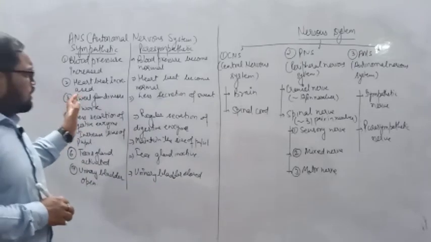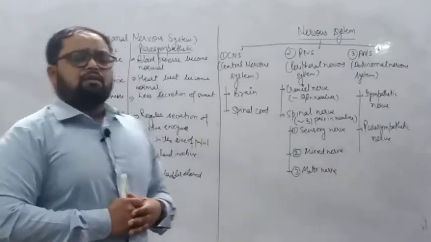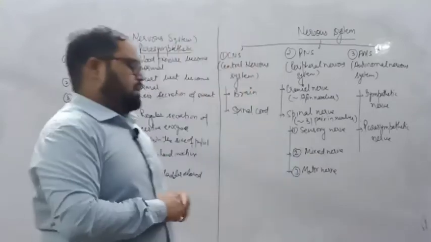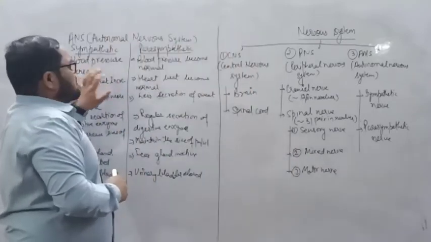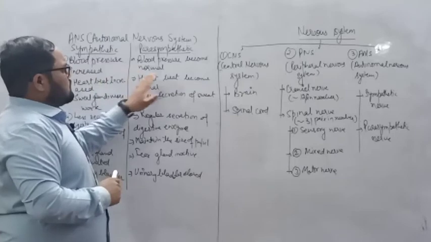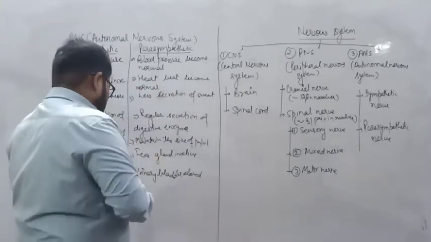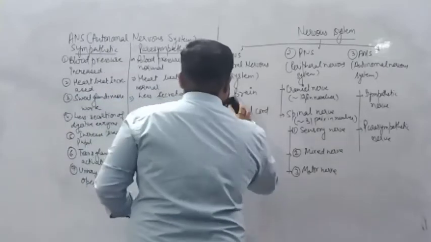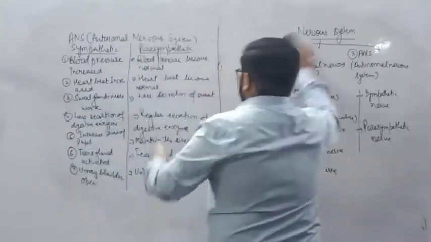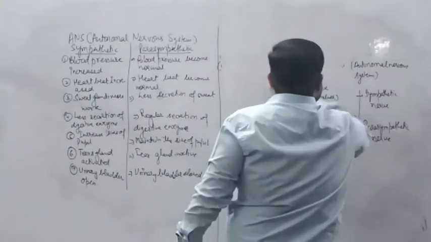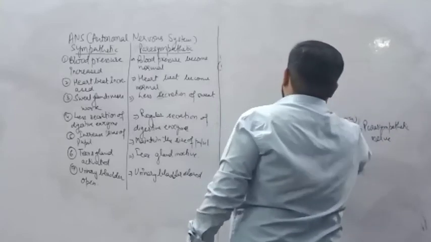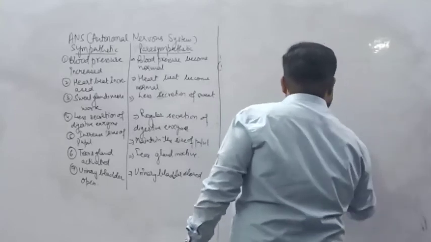So here you see that whatever work is done by the sympathetic nerve is just opposite to the parasympathetic nerve, or the parasympathetic nerve is just opposite to which one? The sympathetic nerve. So the works are totally different from each other. Okay.